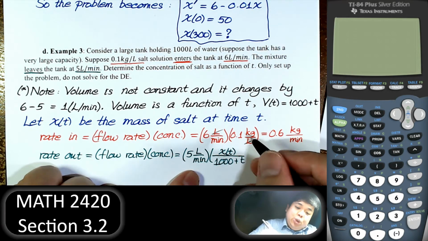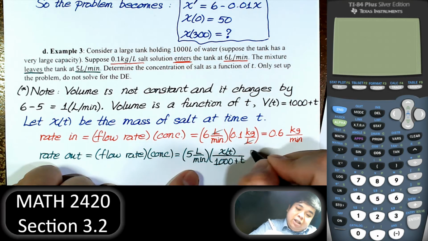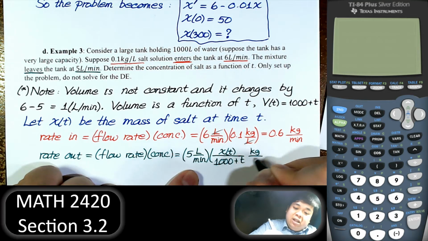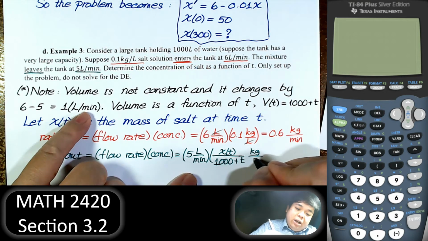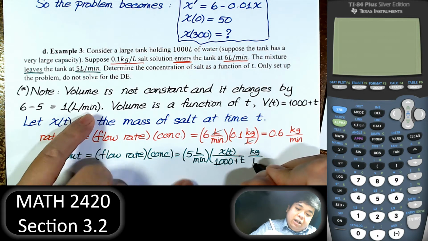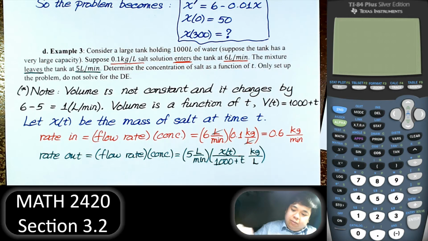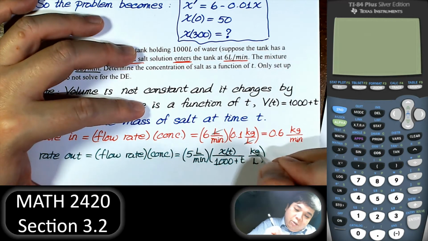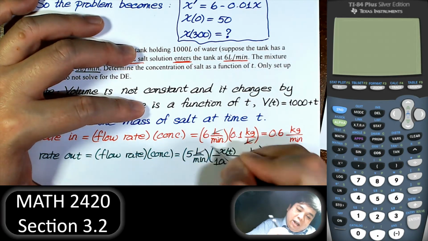The unit of x of t is kilogram, the mass, and 1000 plus t is the volume in liters. So once again, liter and liter cancel out.